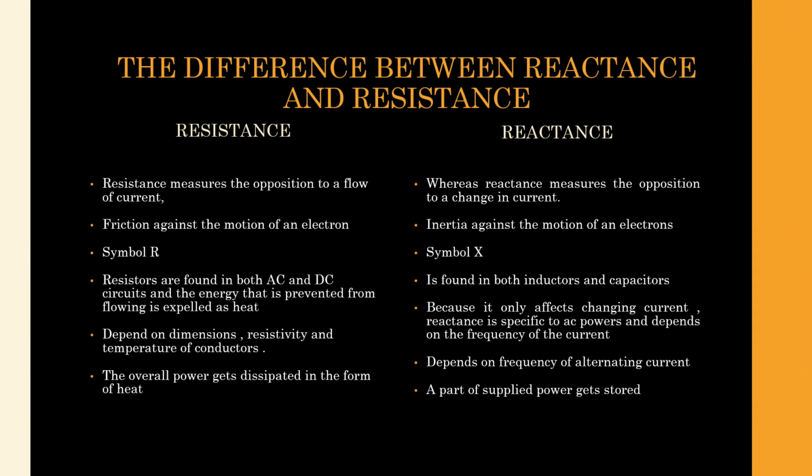Let's look at the difference between reactance and resistance. We know reactance and resistance are both opposition, but the difference between them is that resistance opposes the flow of current, but reactance opposes a change in the current in the circuit.